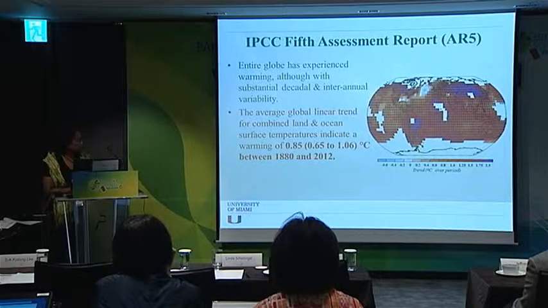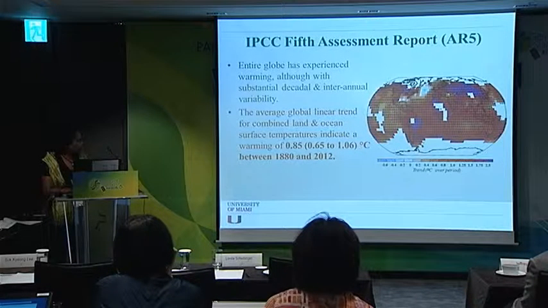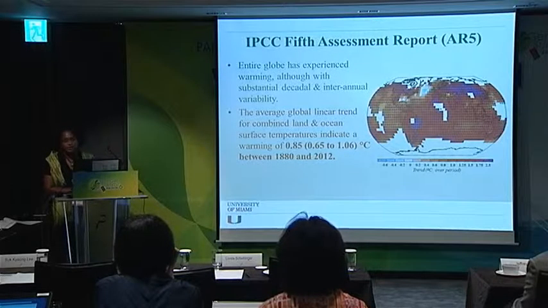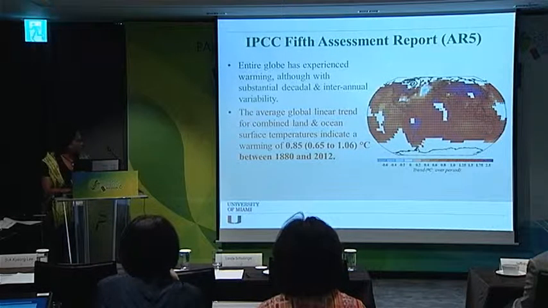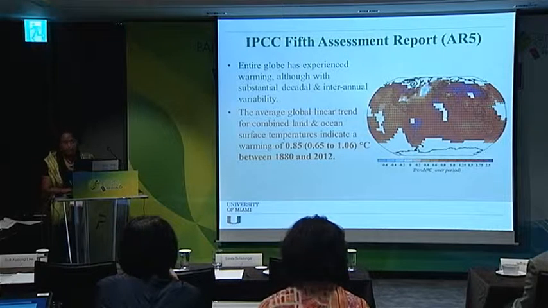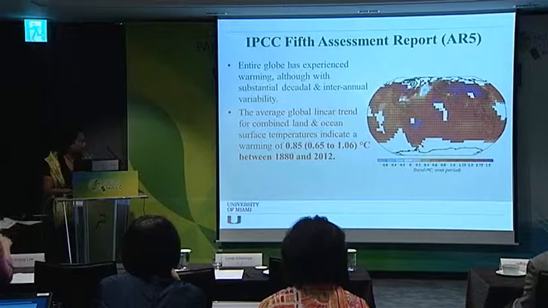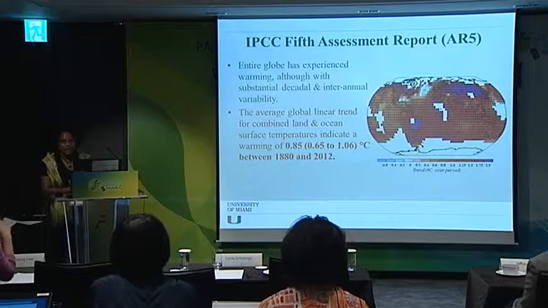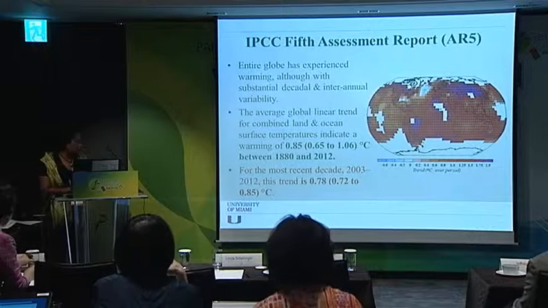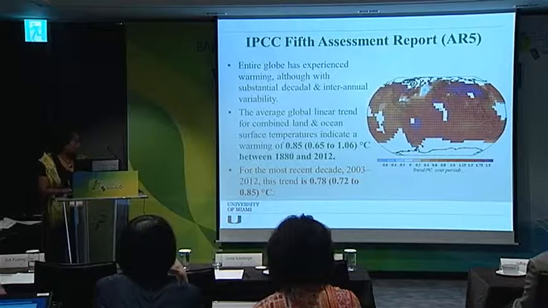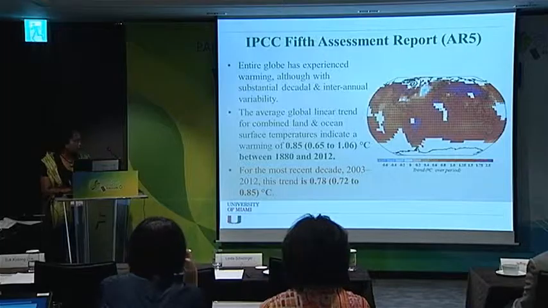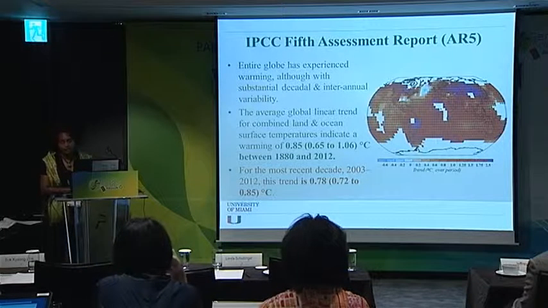The global linear trends, there's more or less general consensus about a 0.85 degrees Celsius temperature change over the time period 1880 to 2012. However, as I mentioned, there is a lot of variation. The trends have changed temporally as well as spatially. And for the most recent decade, 2003 to 2012, the rate of increase in temperature was 0.78 degrees Celsius.